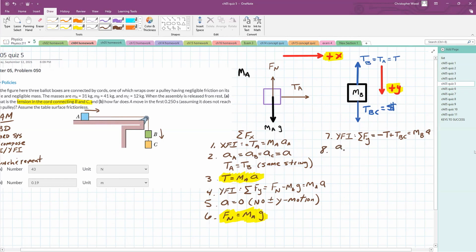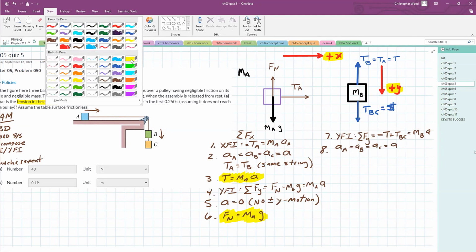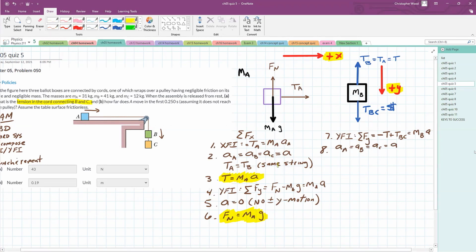Once again, the acceleration of A equals the acceleration of B equals the acceleration of C. And we're just going to call them all A because, as mentioned, you're looking at the same string, and you're looking at consistent coordinate systems. All these coordinate systems are working together, all kind of moving in unison.